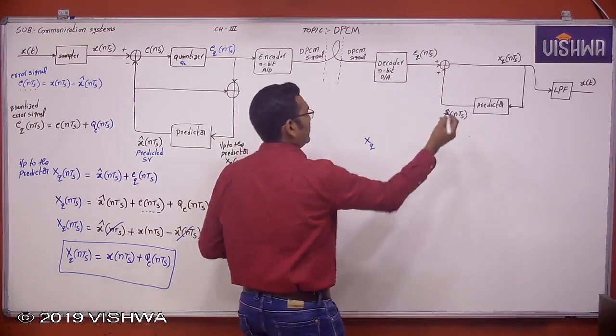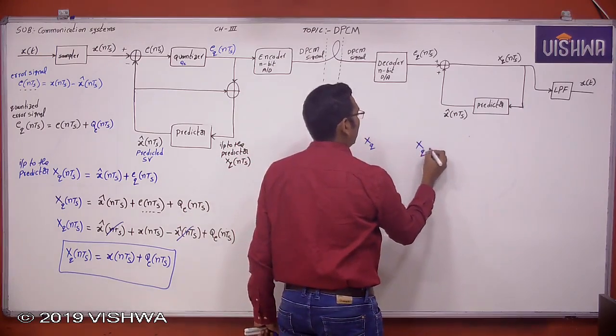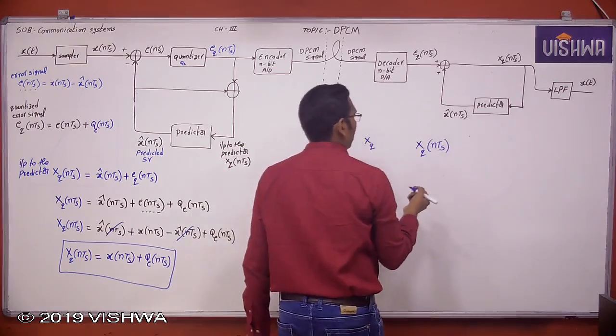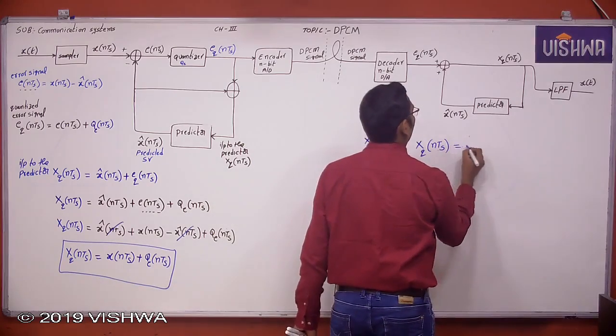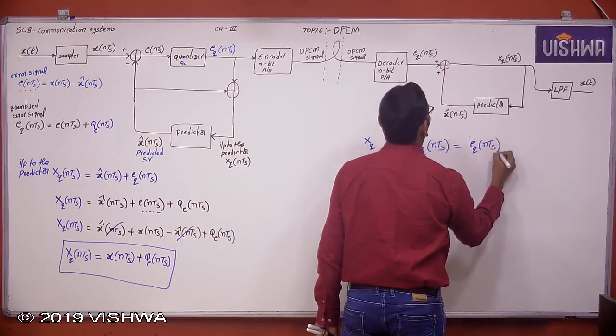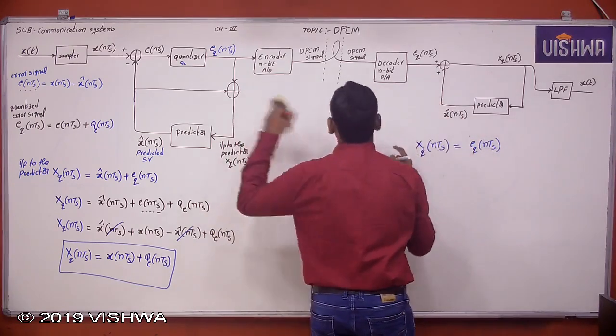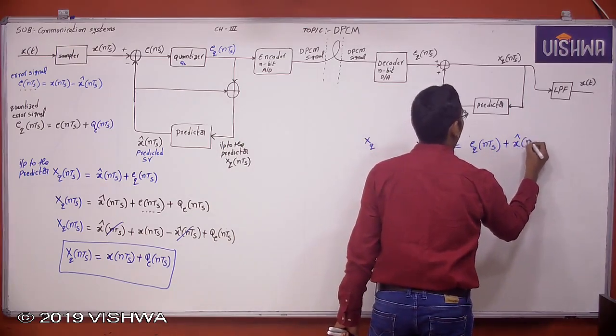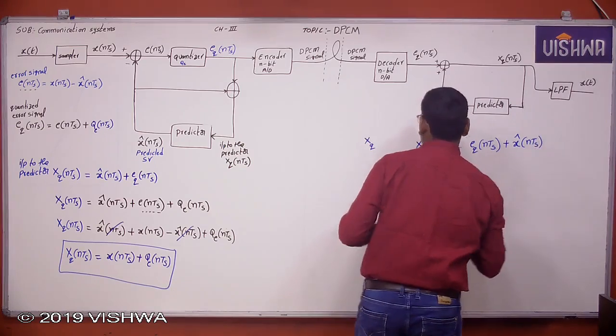Now this XQ of NTS is the quantized sample value, or input to the predictor, which is nothing but EQ of NTS, the quantized error signal, plus the predictor output x cap of NTS.